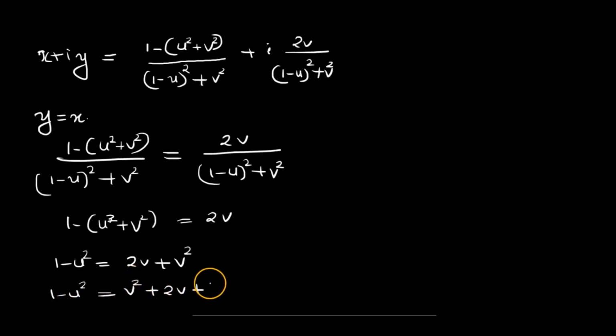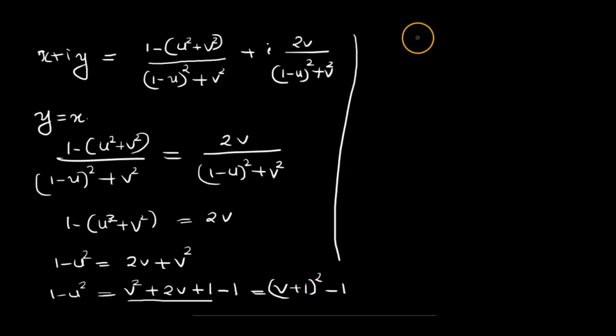Now, just add 1 and minus 1: V square plus 2V plus 1 minus 1. V square plus 2V plus 1 is (V plus 1) whole square, and this minus 1. Finally, we got 1 minus U square, and taking the term this side, minus of (V plus 1) whole square plus 1 equal to 0.